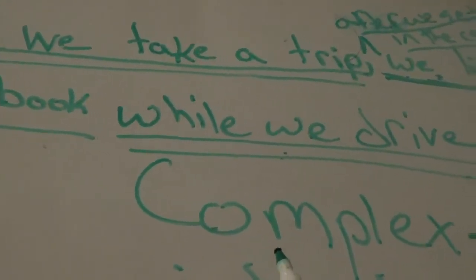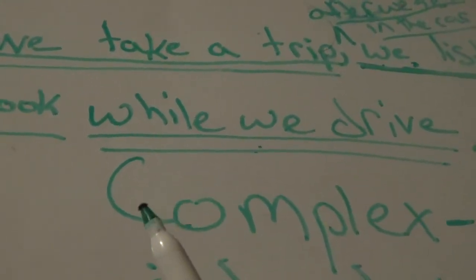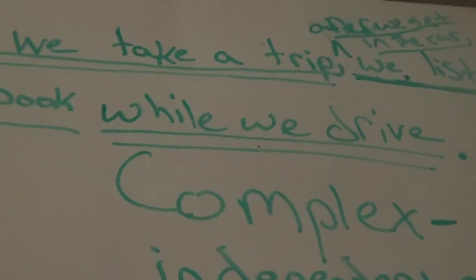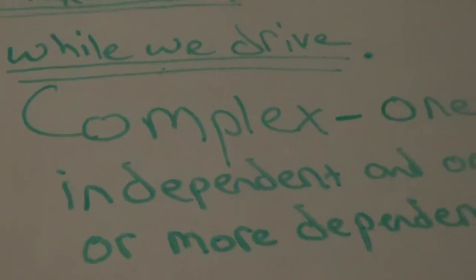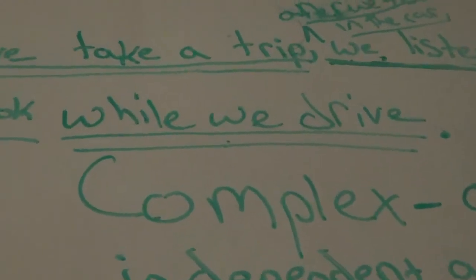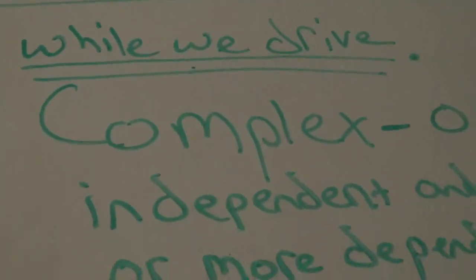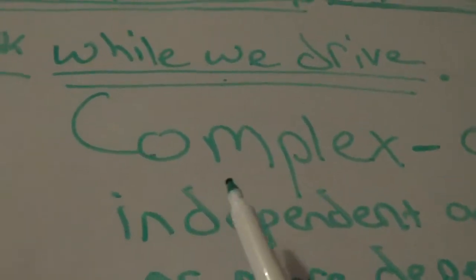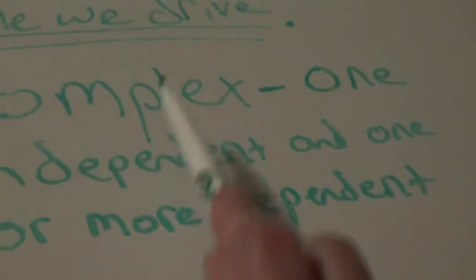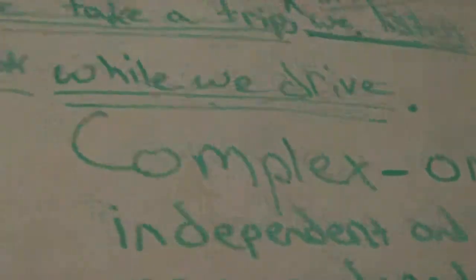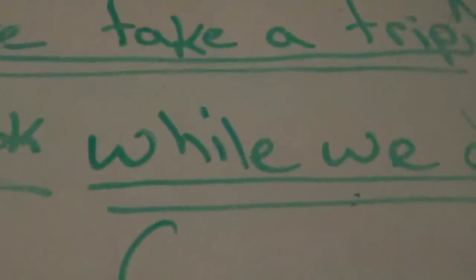A compound sentence is two independent clauses joined by a coordinating conjunction. The trick for remembering the names of the coordinating conjunctions is FANBOYS. And then we can have a complex sentence, and a complex sentence is one independent clause and one or more dependent clauses, and we always put a comma after an introductory dependent clause.